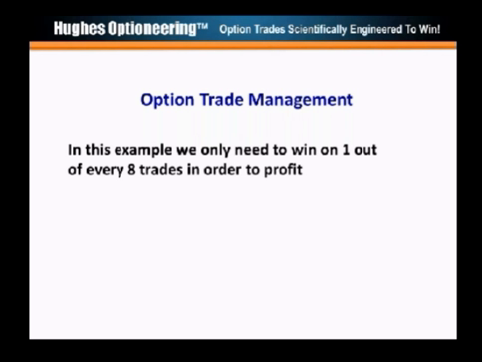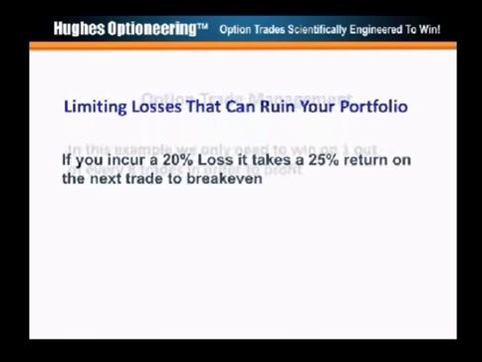For example, we only had to win on 1 out of every 8 trades in order for the portfolio to profit. This is why we don't exit with a small profit: we want to hold on to the option and get a big winning trade. If you do that, then you don't have to win on that many trades in order for your portfolio to profit. So we exit quickly with losing trades and hold on to winning trades.